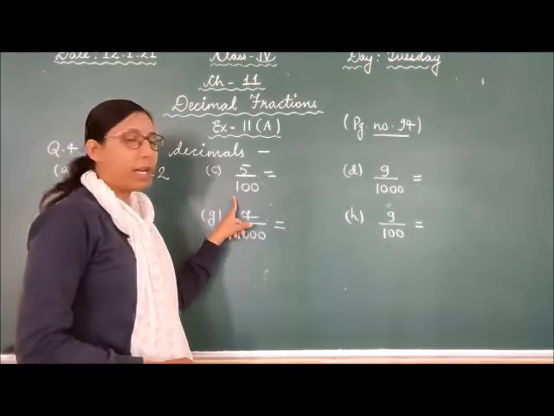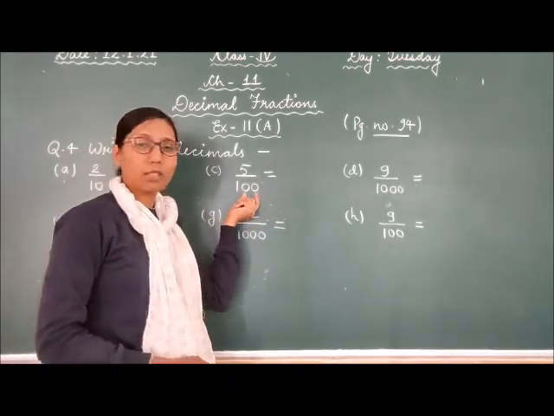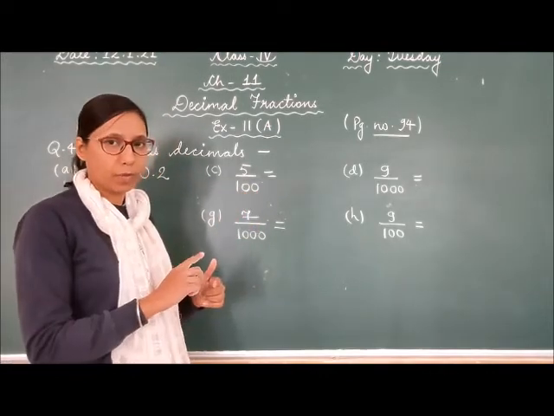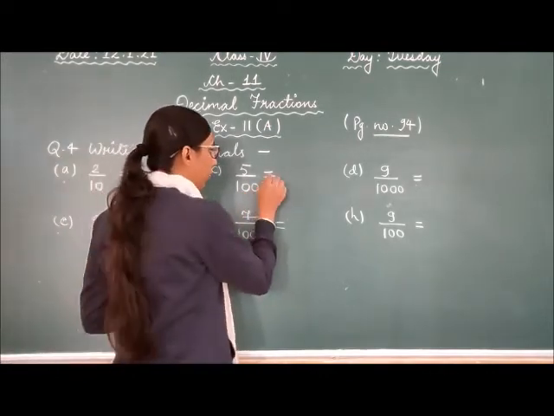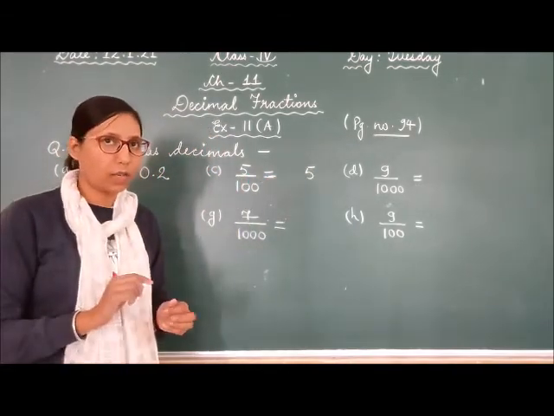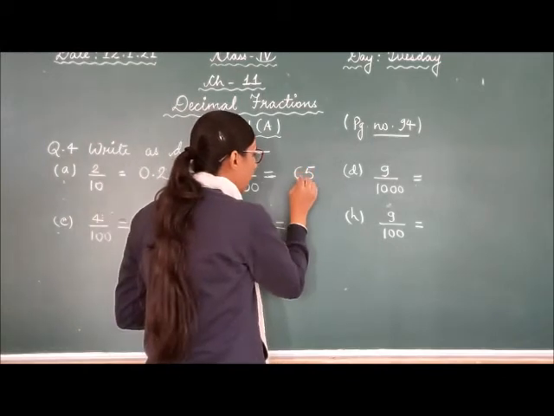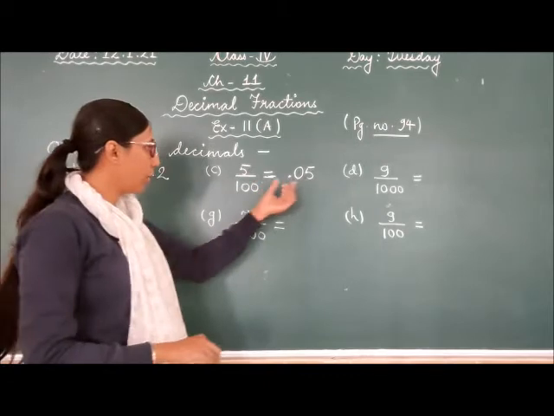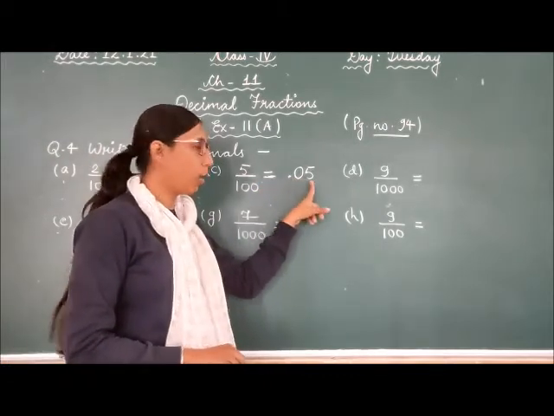Like in this one, 5 by 100. So according to these two zeros, we are going to put decimal point 2 digits before to the left. That means 5 is already given, but the other number is not given. So we are going to write 0 and then we will put a decimal point. Now this is 2 digit number, that is 0 and 5.